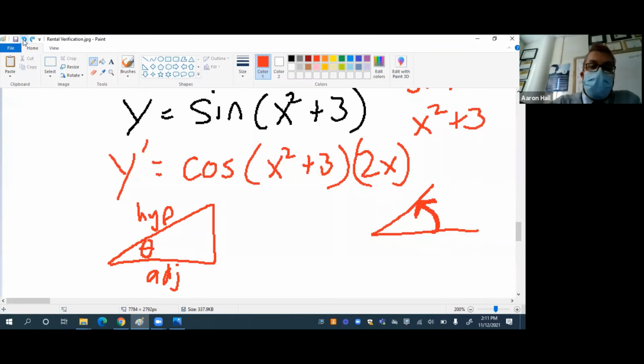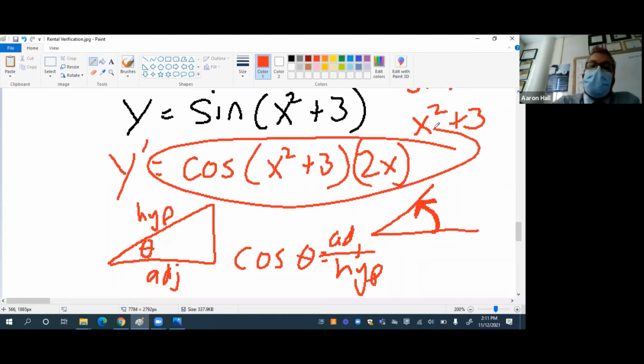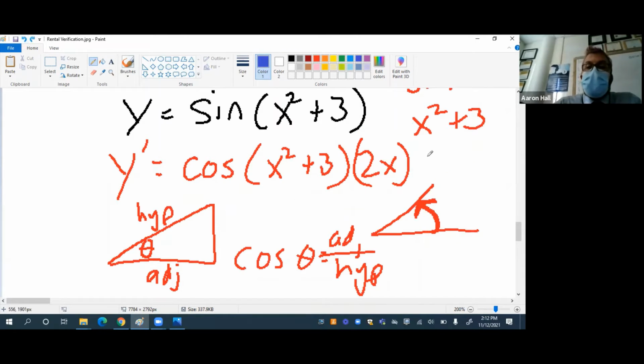And so we write cosine of our angle equals the adjacent over hypotenuse. So which one of these quantities is the angle? I'll help you out. It's either this one or this one. Yep. Which means what is this? It's a length. We have a rotation and a length.